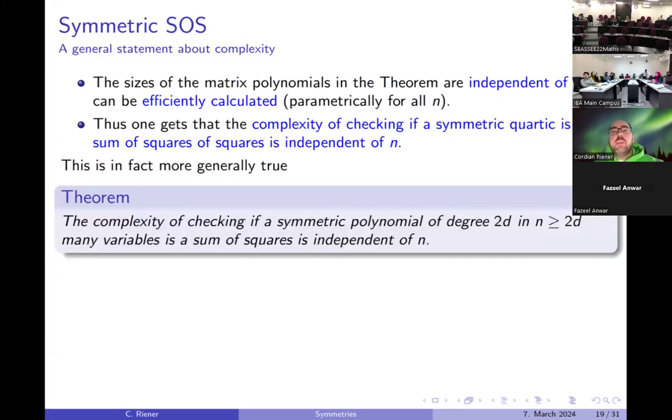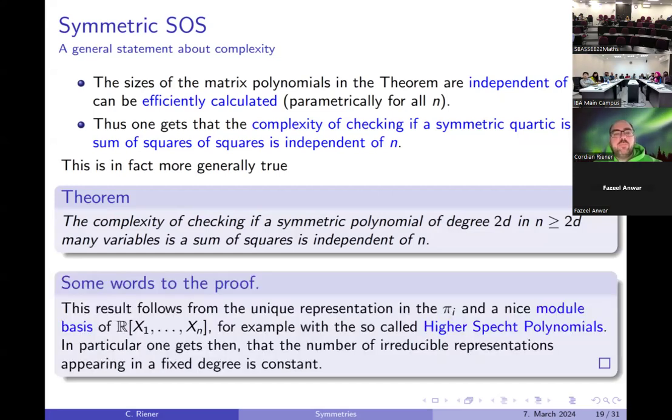And this is more generally true, which makes the symmetric group case very interesting, namely that checking if a symmetric polynomial of degree 2D in n bigger than 2D many variables is sum of squares is actually independent of n. This just comes from studying the isotypic decompositions of the invariant ring.